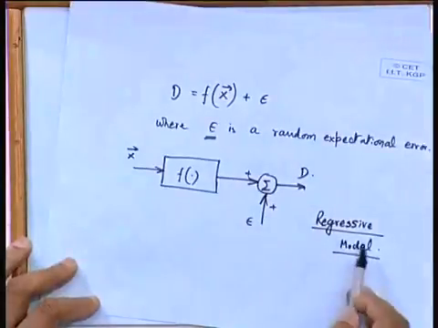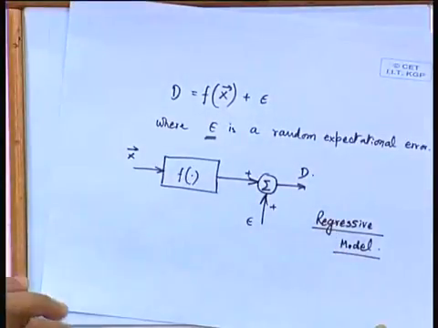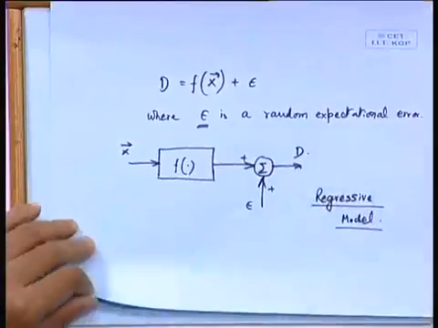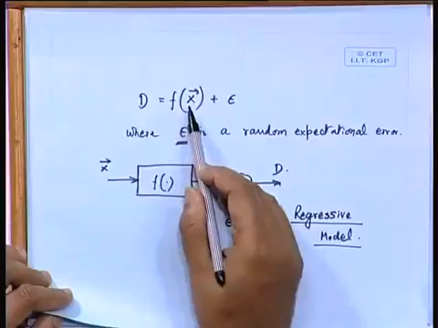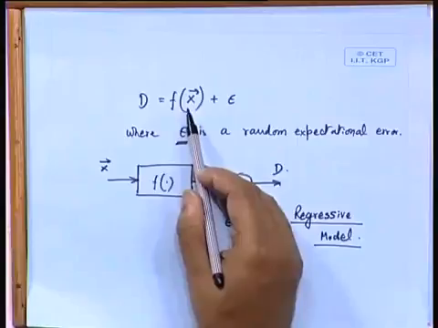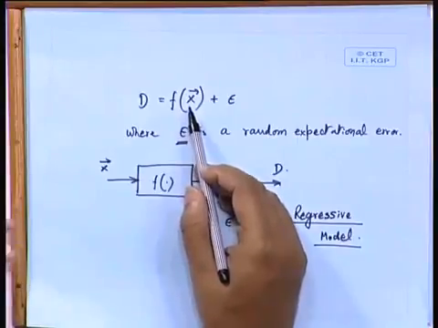Now, this is the regressive model. But we are not getting this function f(x). The exact mathematical model is f(x), but instead of that we have a neural network to do our job. The neural network is realizing a function f, which is a function of the x vector as well as the weights w.